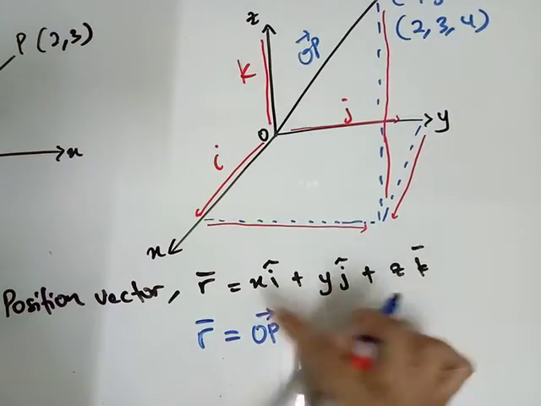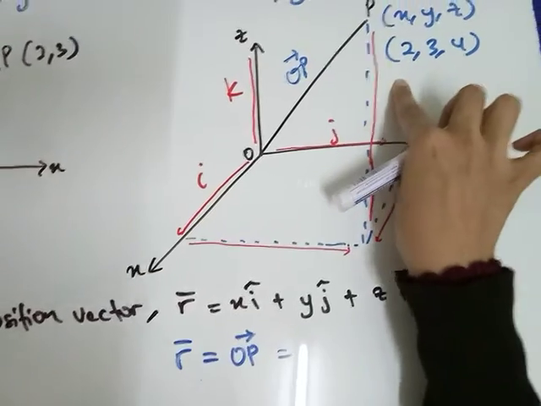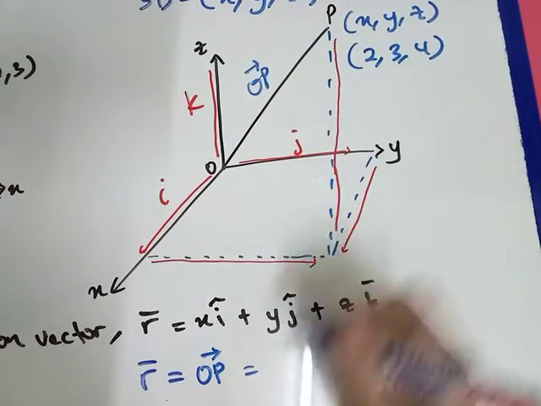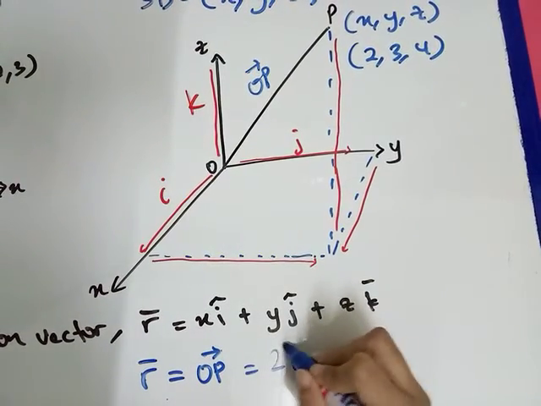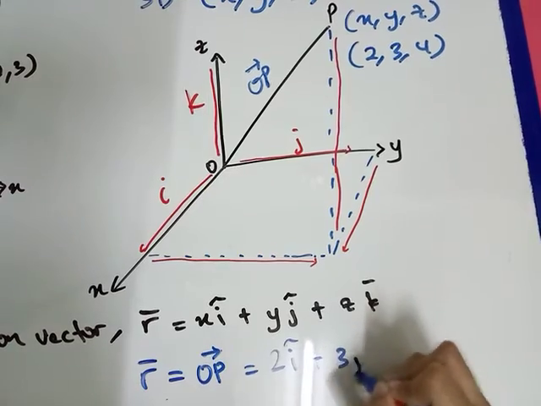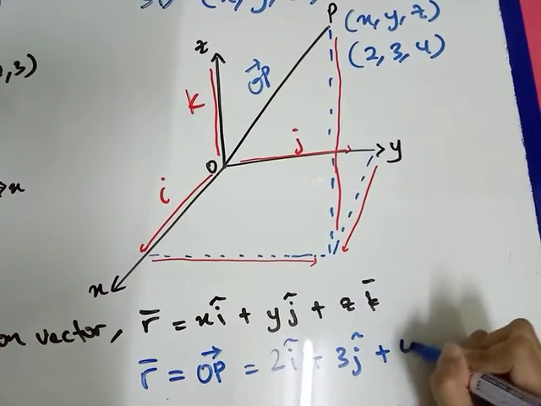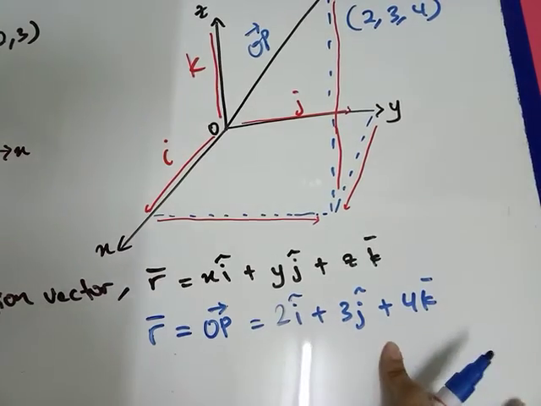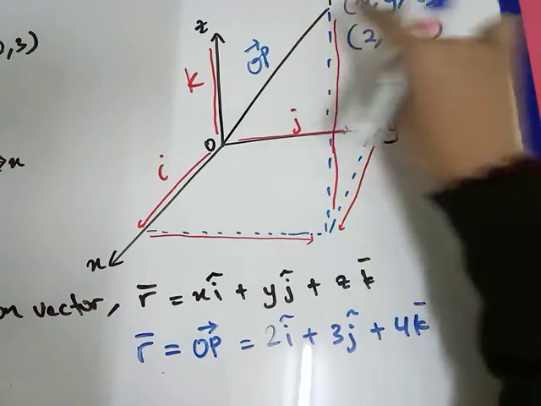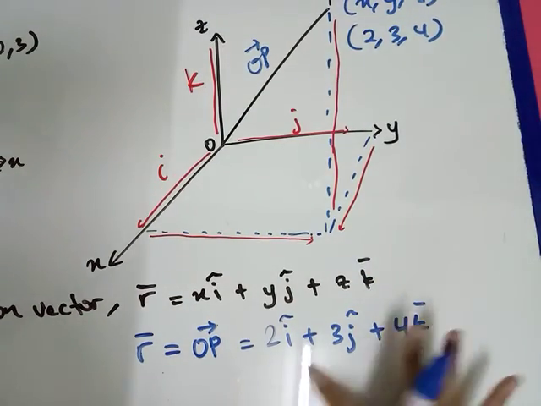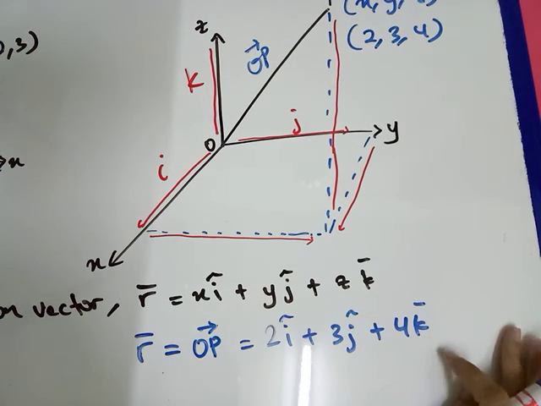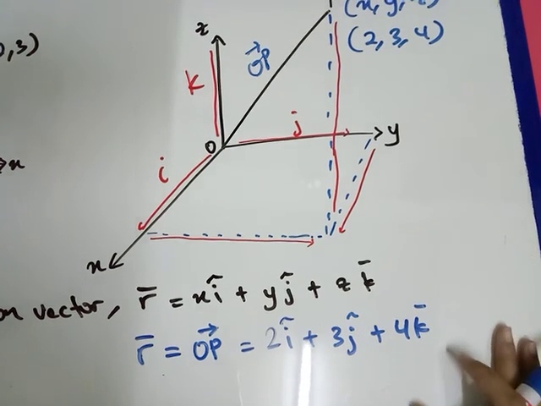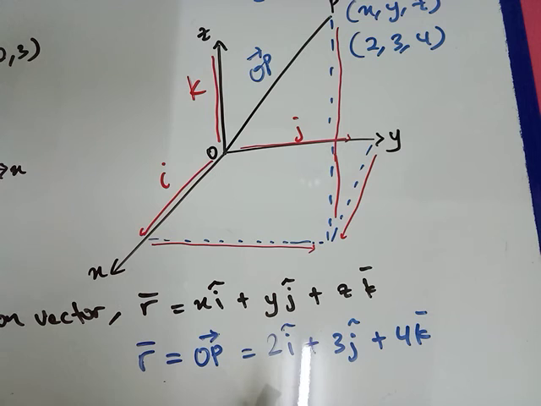So it is, for x is 2, 2i plus 3j plus 4k. So this is the position vector for vector OP: 2i plus 3j plus 4k. Alright, can you understand? This is the explanation for vector, position vector.